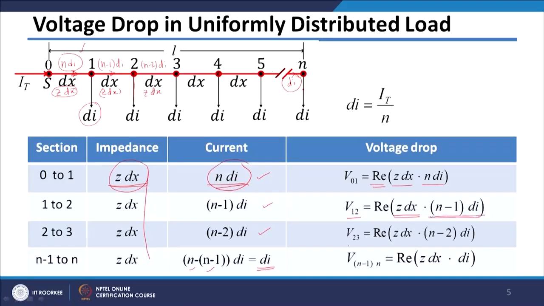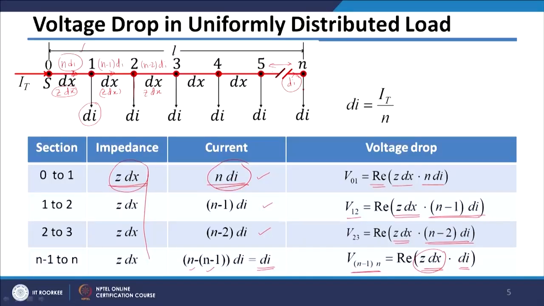Like this, in the third section the impedance is Z dx and the current is N minus 2 Di. Like this, if you go to the last section, the voltage drop will be the real part of Z dx dot Di, because the impedance is Z dx and your current is Di.